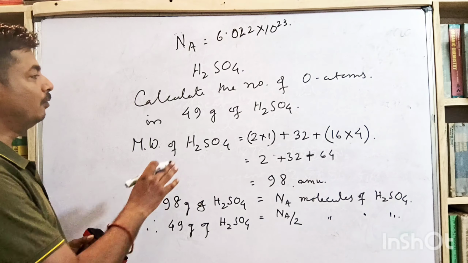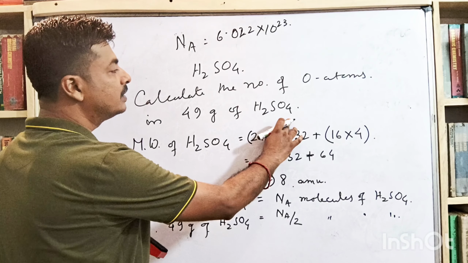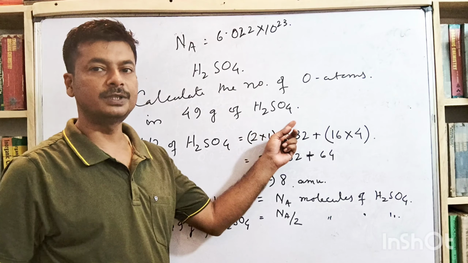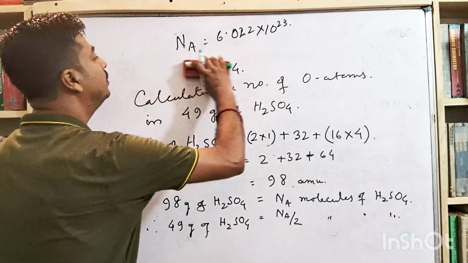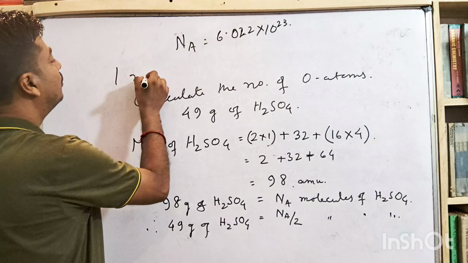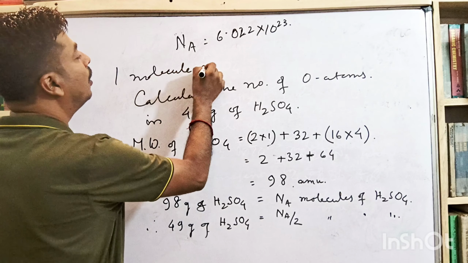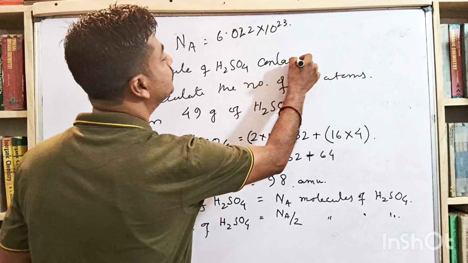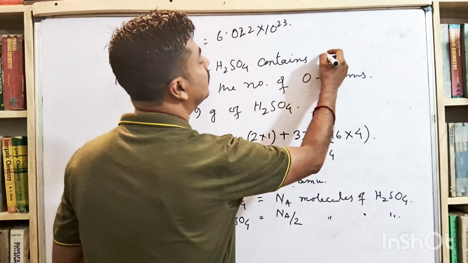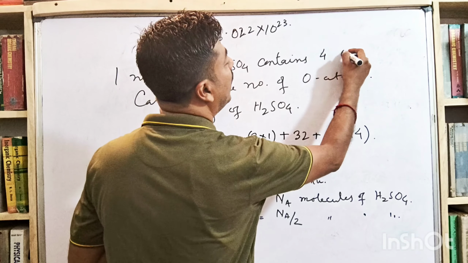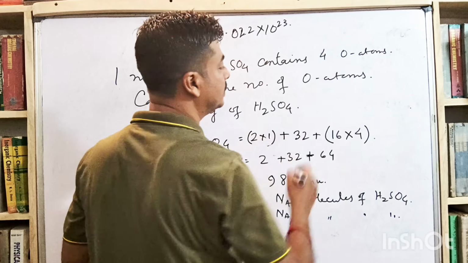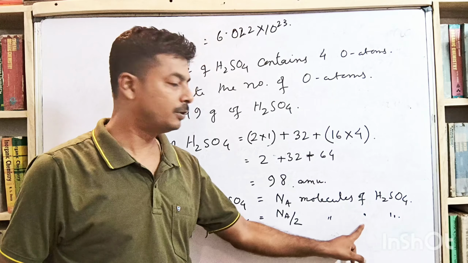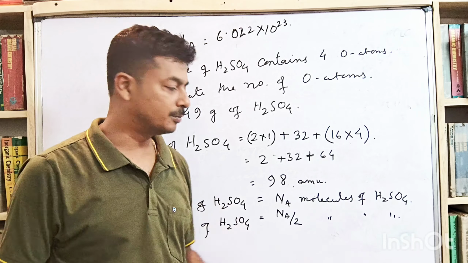Fine. Now in one molecule, how many oxygen atoms are there? One molecule of H2SO4 contains 4 oxygen atoms. Simply then, in this many molecules, how many oxygen atoms will be present?